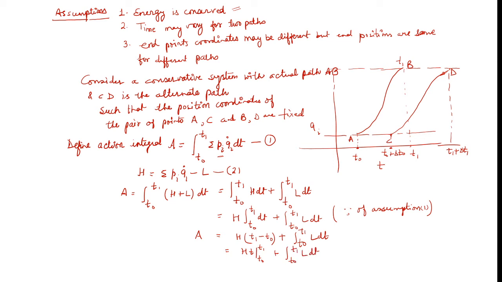So now I apply delta variation on the two sides. So delta of A will be, because H is conserved, the variation will be on time t0 to t1, plus delta variation of this integral term, L dt.